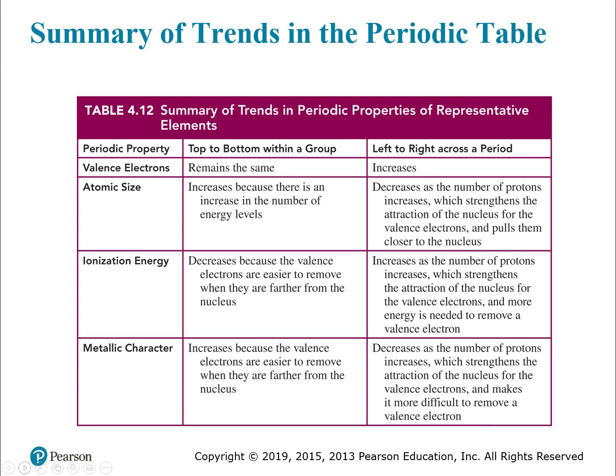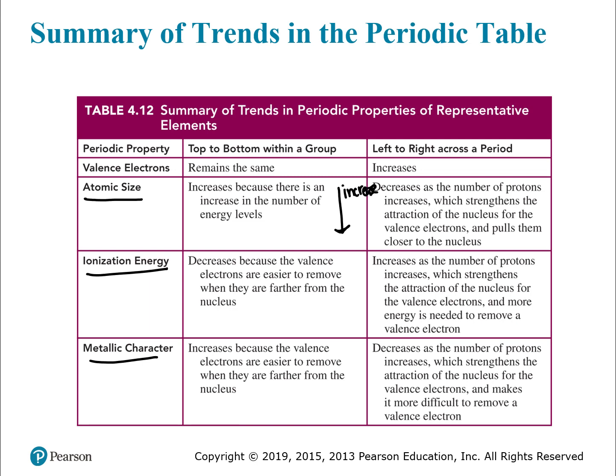So here are the remaining trends for the periodic table. We've got atomic size, ionization energy, and metallic character. The first one we're going to cover is atomic size. As you go from the top of a group to the bottom of a group, you're going to increase.